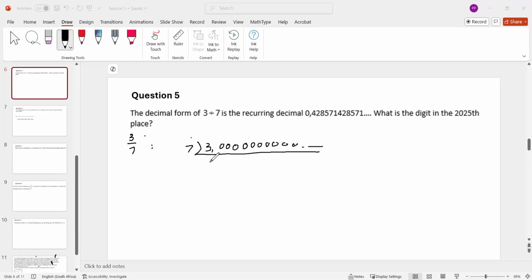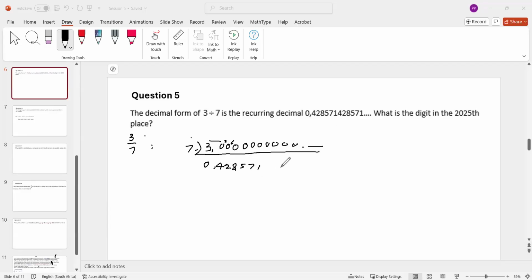You're dividing by 7, and you have 7 goes into 3 0 times. Now you can take 30. 7 goes into 30 4 times. Remainder 2. 4 sevens are 28. 7 goes into 20 2 times. 14. Remainder 6. And there you have it, right? So this is what happened here. You got 8, 5, 7, 1.